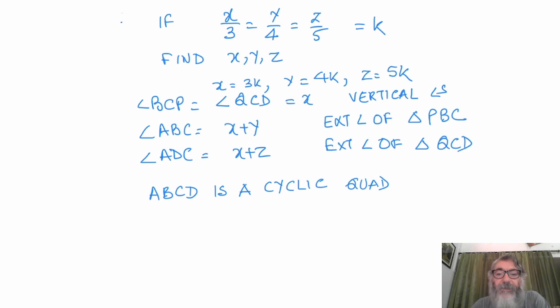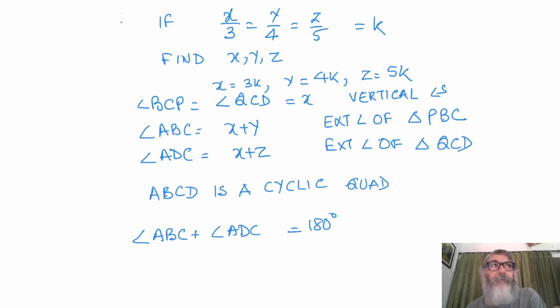So angle ABC plus angle ADC will be equal to 180 degrees. Supplementary means if the sum of the two angles is 180 degrees, they are called supplementary angles.